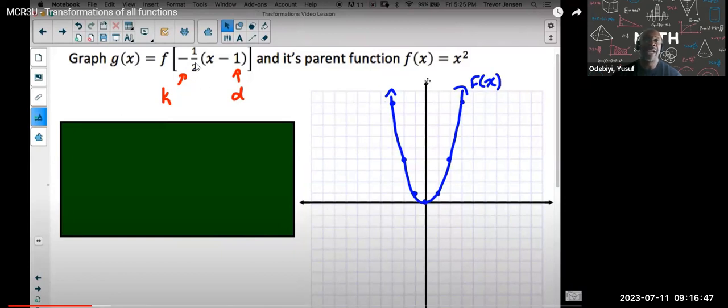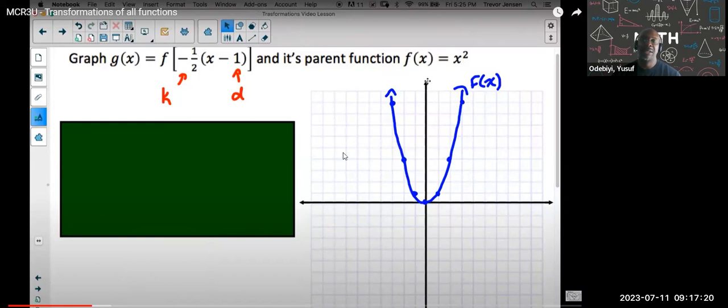Now this one's saying it's stretching by a factor. Your k is a 1/2, but your factor is 1 over k. So 1 over k gives you a value of 2, because k is a half. Since the factor is a number greater than 1, that means I'm stretching. So I'm stretching this horizontally.